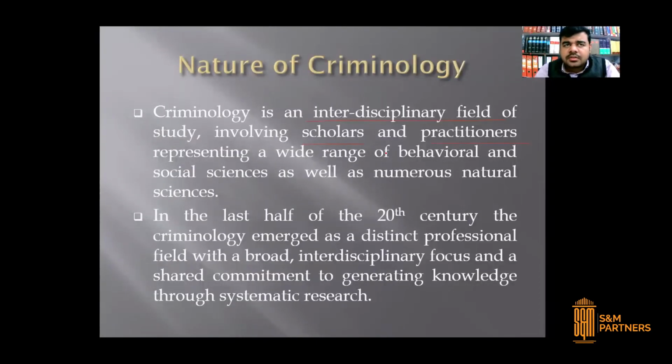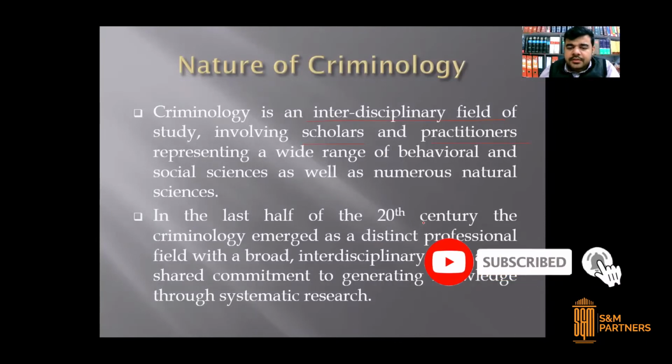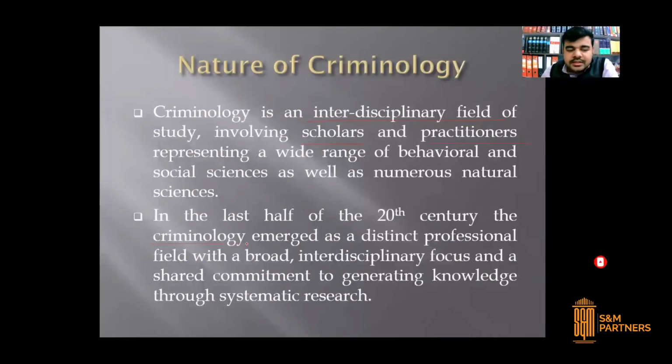Let's say, what about cyber crimes? What about crimes related to women? What's the mindset of people? It covers everything in detail. Now, second is, in the last half of the 20th century, criminology emerged as a distinct professional field.